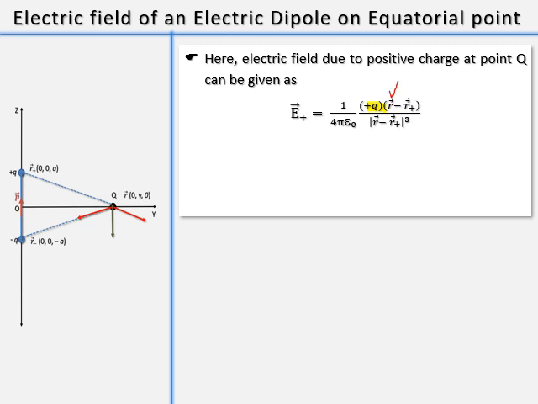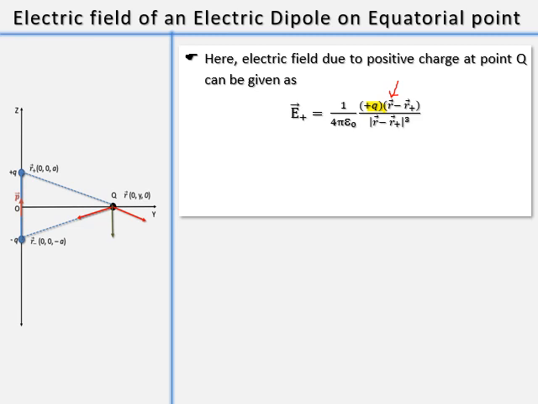Because whichever point you are interested in should have its vector considered first when you are finding the electric field. So r minus r positive, because we want to find the electric field at position vector r. And in the denominator you have the mod of r minus r positive cubed, that is the cube of the distance.